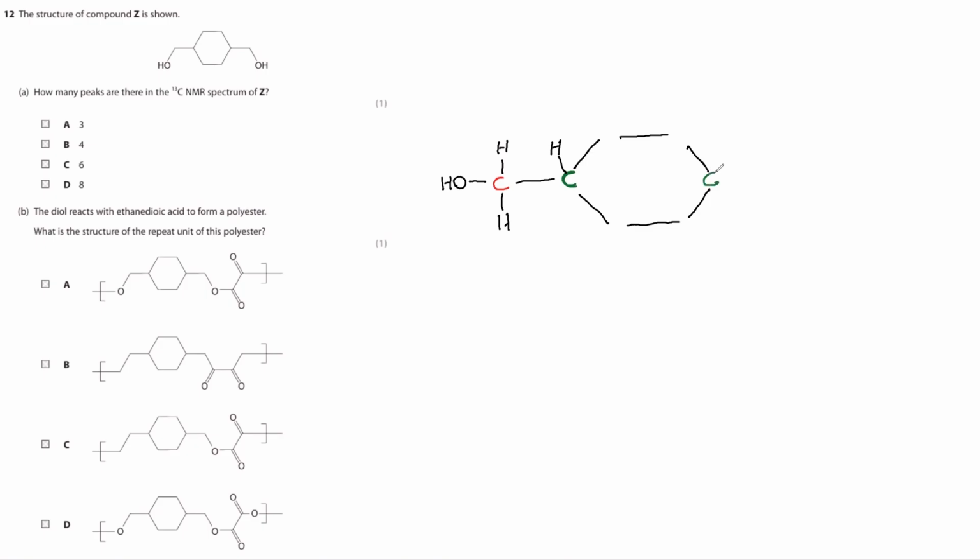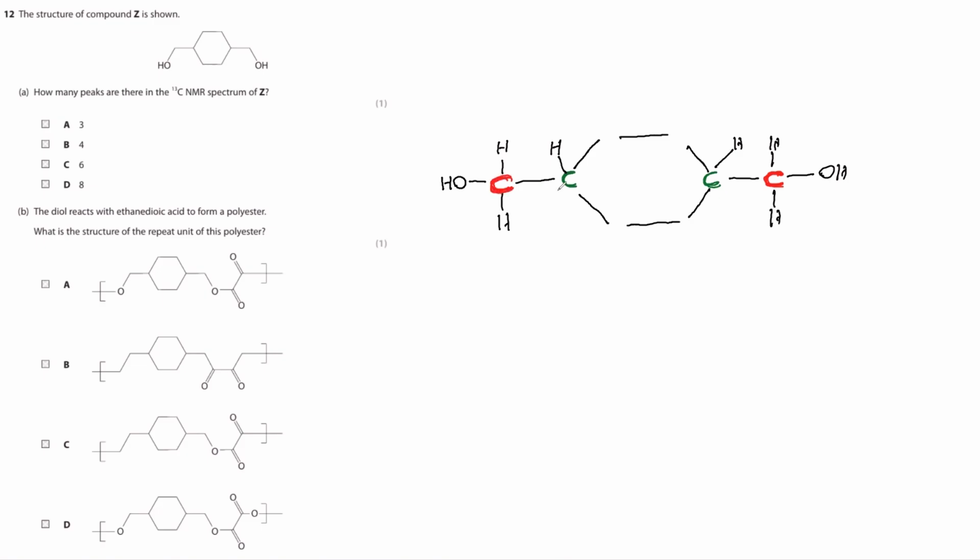I'm going to use this carbon here and put hydrogen, and next one we have OH, hydrogen, hydrogen. Why did I put this carbon in red color as well as this one?